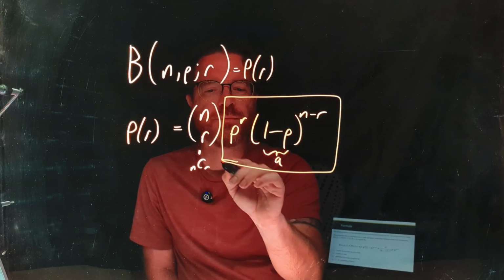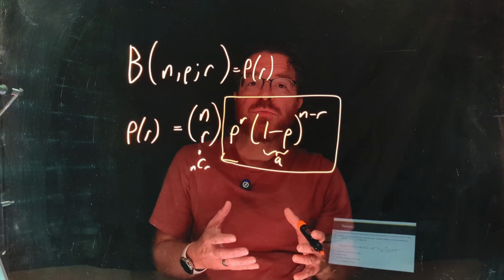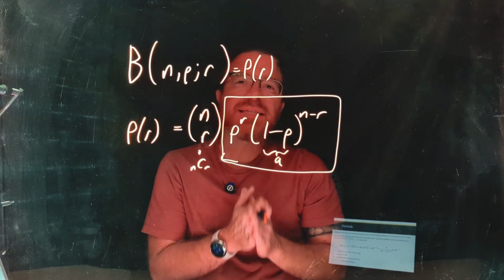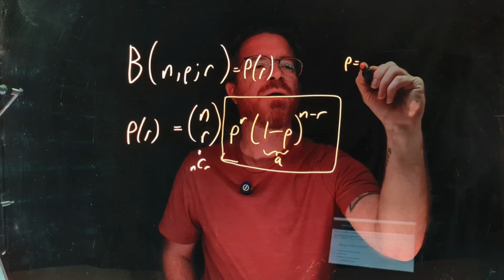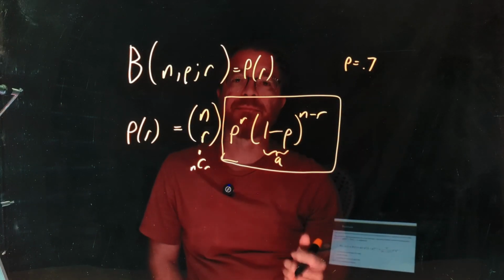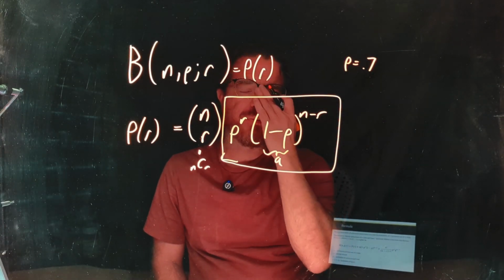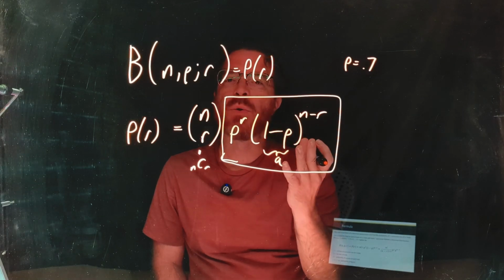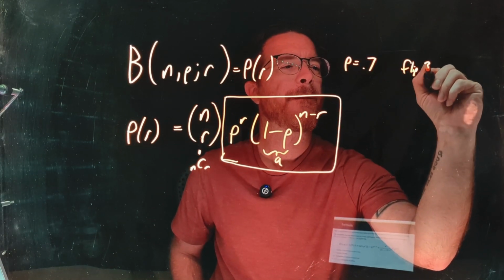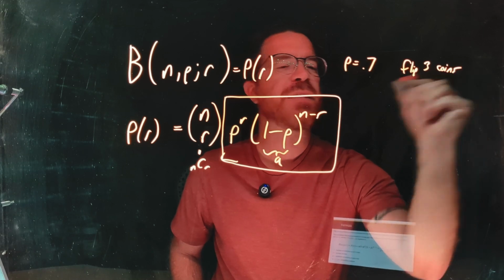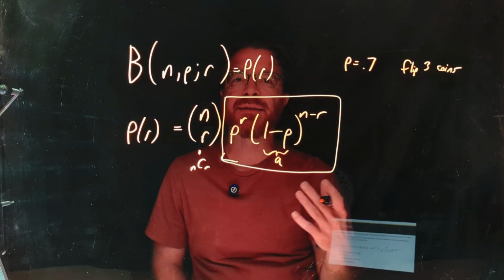So let's do a really quick example. Let's say that I have a probability of success of 0.7, and I'm going to flip 3 coins. And this probability of success P might be getting heads.